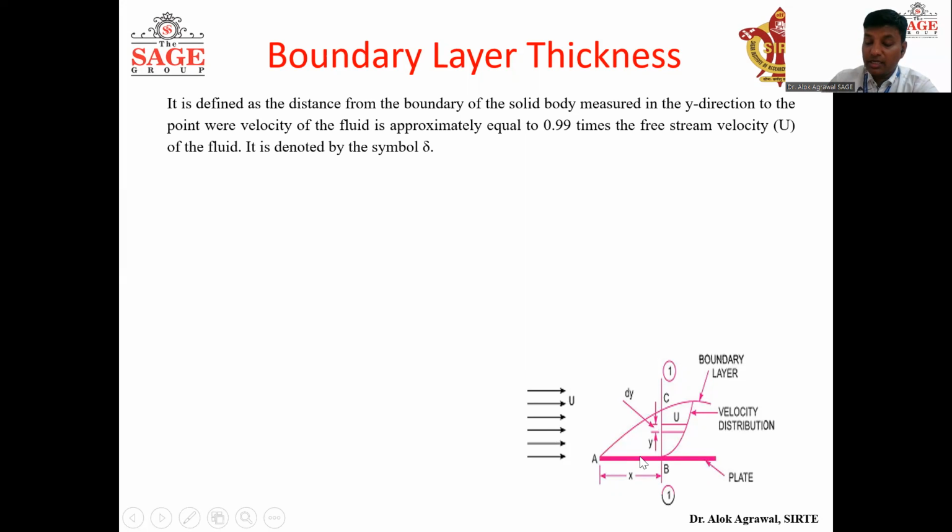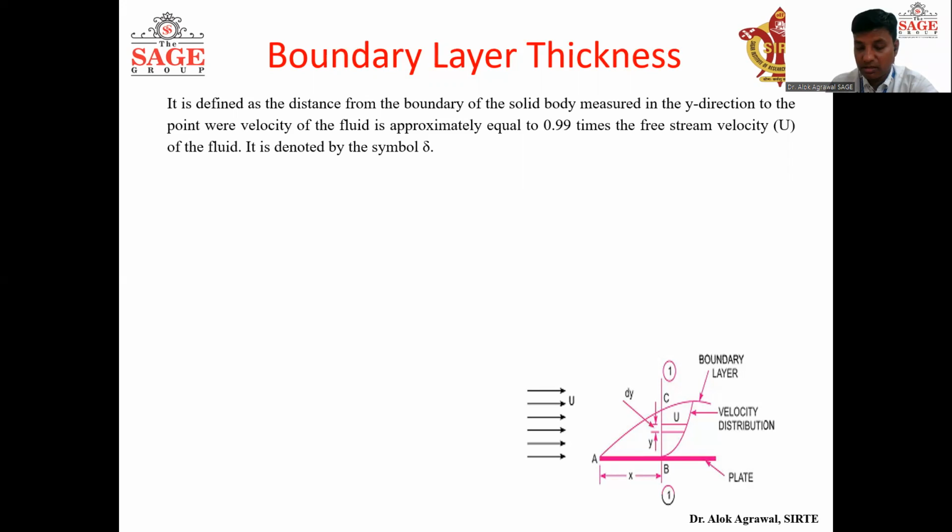That reduction is greater for the layer nearest to the plate, and the velocity increases as we move in the direction of y. So boundary layer thickness is the distance from the plate to the point where the velocity again reaches 99% of the free stream velocity.